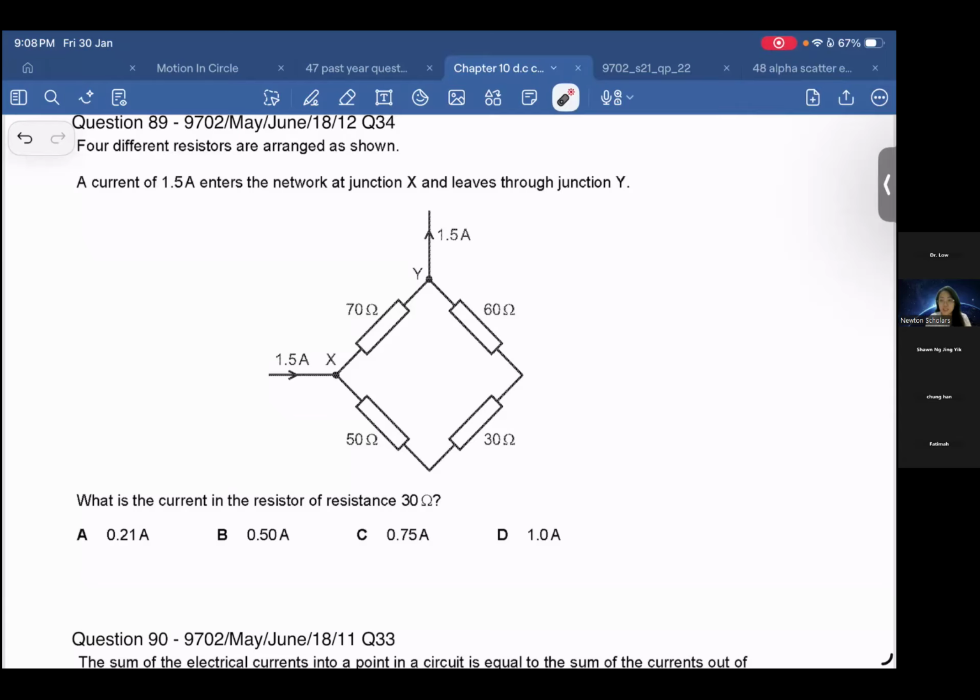Kai Qian, correct. You find total current first. Total current is 1.5 what? Oh, you mean that you find the current that splits out or what? Total current is 1.5 what? I then find the resistance of each branch. Okay. That means that you get 70 and 140. Am I right?